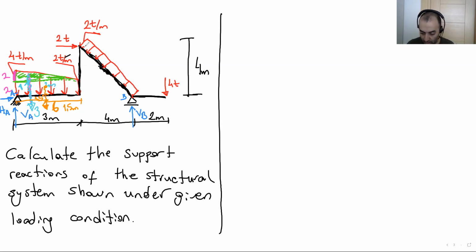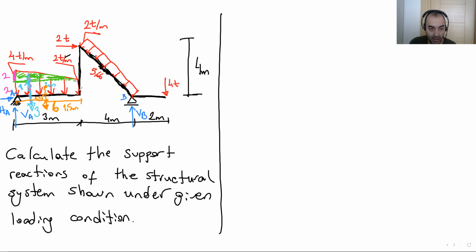Let's calculate it. I don't have the number. This hypotenuse is 5 meter, 5.666 meter. You can calculate it.